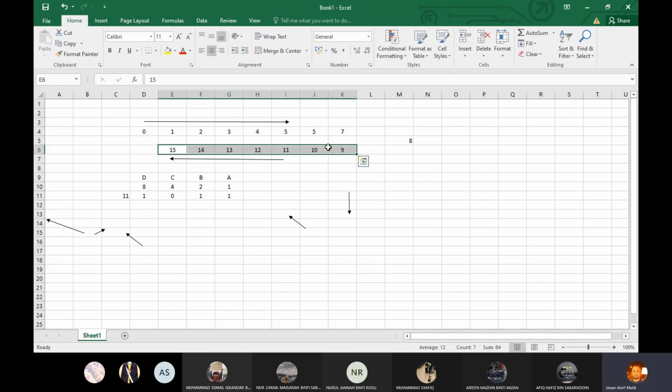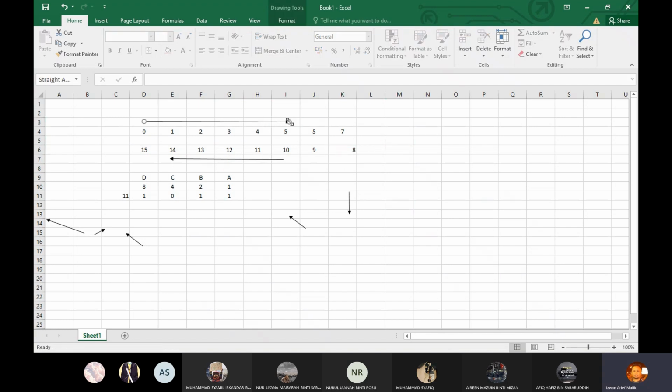Okay, so I'll drag this one a little bit here. So this is a full cycle 4 bit. So you're going to be needing 4 count flip-flops. So this is the sequence lah. 0, 7, 8 until 15 back to 0.